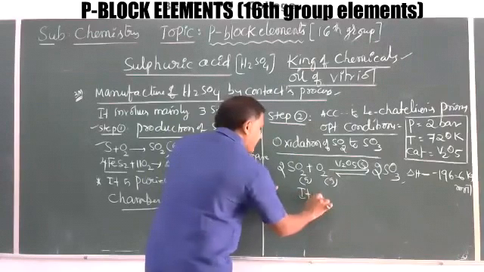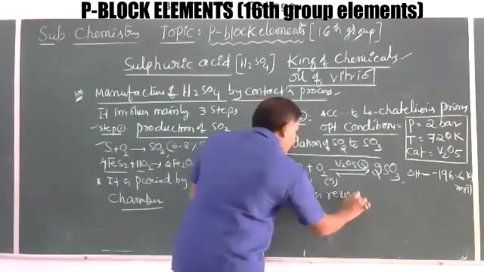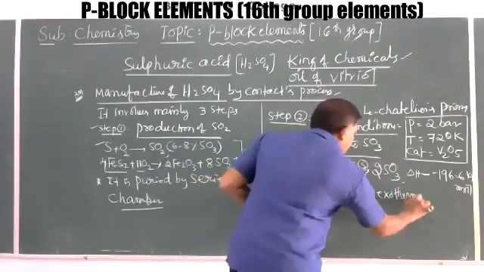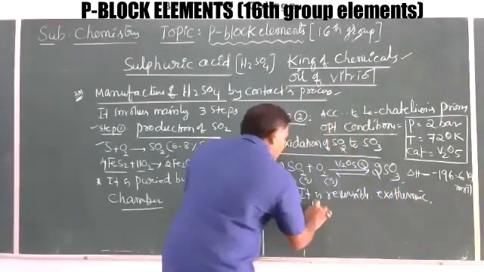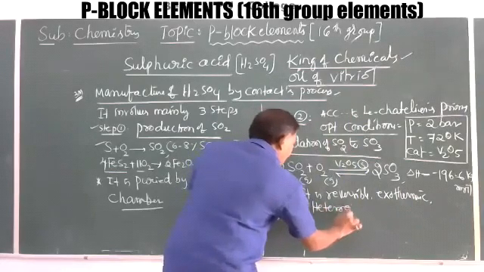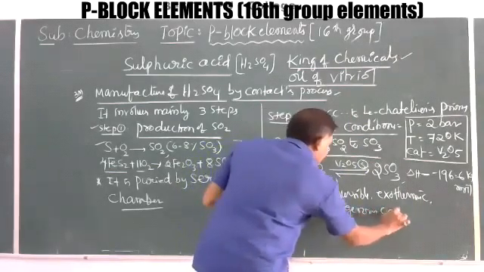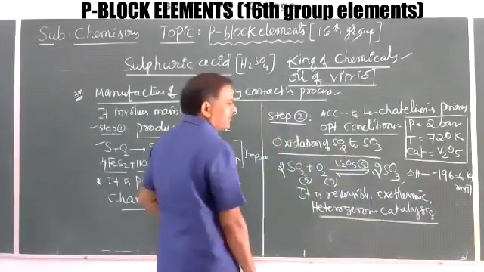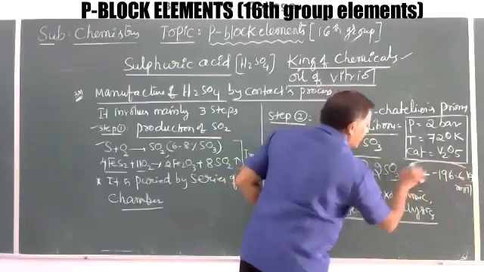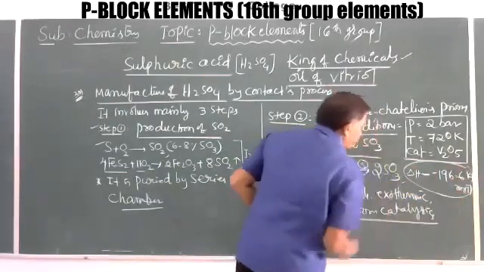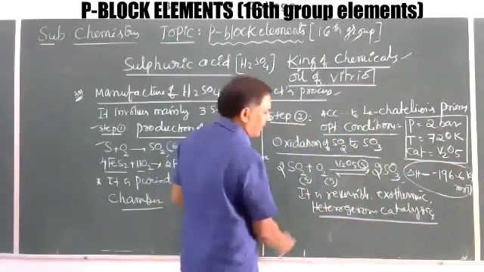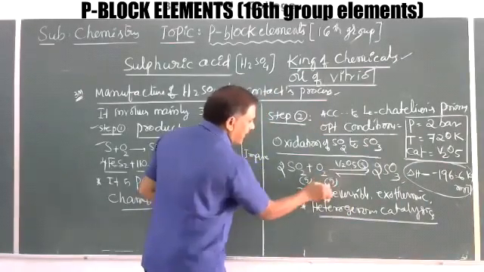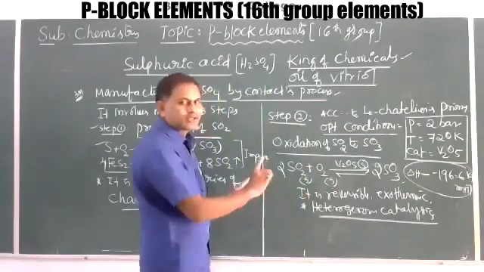It is a reversible, exothermic and heterogeneous catalyzed reaction. It is heterogeneous catalysis. A large amount of heat is liberated. It is exothermic and reversible, and it is heterogeneous catalysis because the catalyst and reactants are in different phases, not in the same phase.